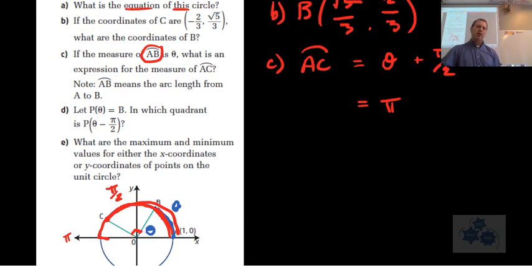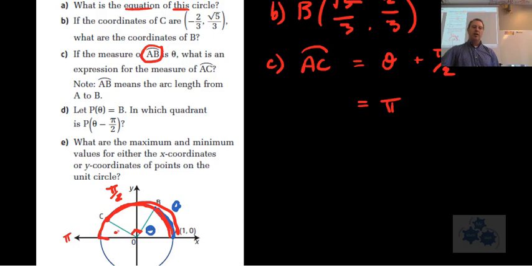Might be a little tough, eh? So I don't know if you need to do this, but could we figure out what this was? Theta. This is 90. What's this? Yeah, this would be pi minus theta plus pi over 2, right?